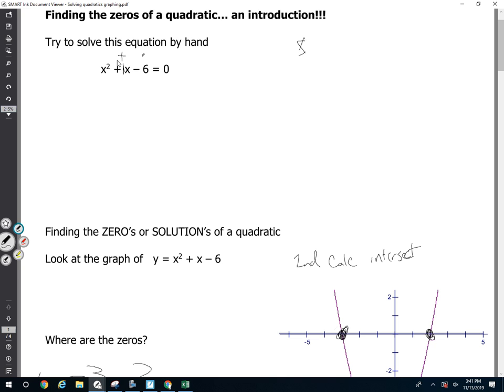This is one of the easy ones, right? With the easy ones, we're just looking for two numbers, because I know I can write this as x plus something times x plus something else.